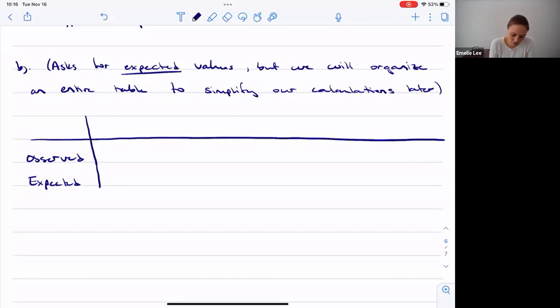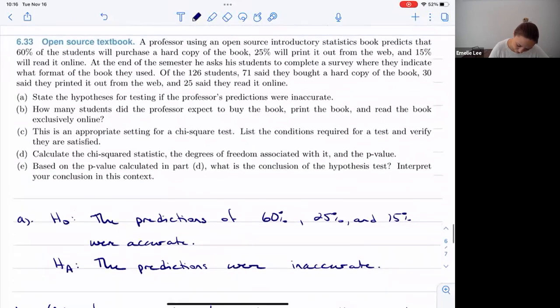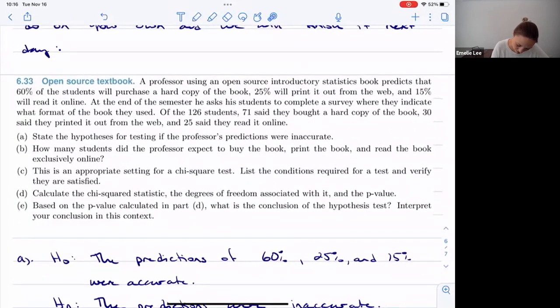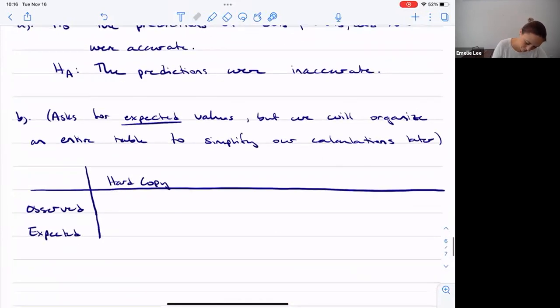We have three categories: the hard copy, the print, right? They're going to purchase a hard copy of the book, or they're going to print it off from the web, which gets weird, but I'll call it print, and then online. Hard copy, print, and online.